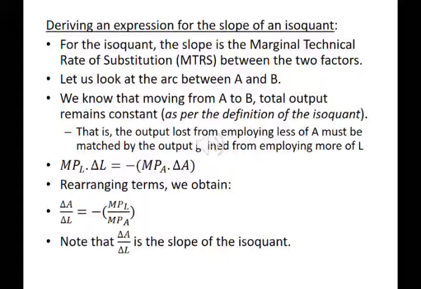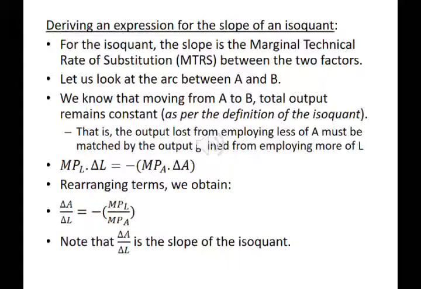Delta L, the increase in labor employed, times the marginal product of labor should be equal to the change in the land, which is a decrease in the usage of land, times the marginal product of land. And we should precede it by a negative sign, because here we are decreasing our usage of land and we are increasing our usage of labor.